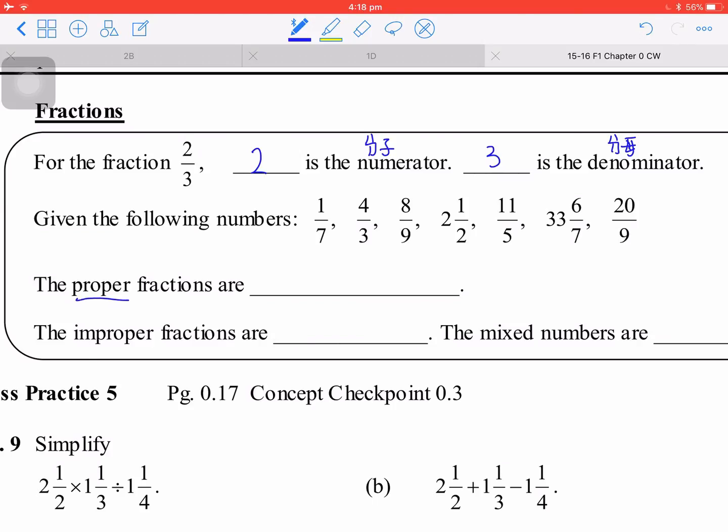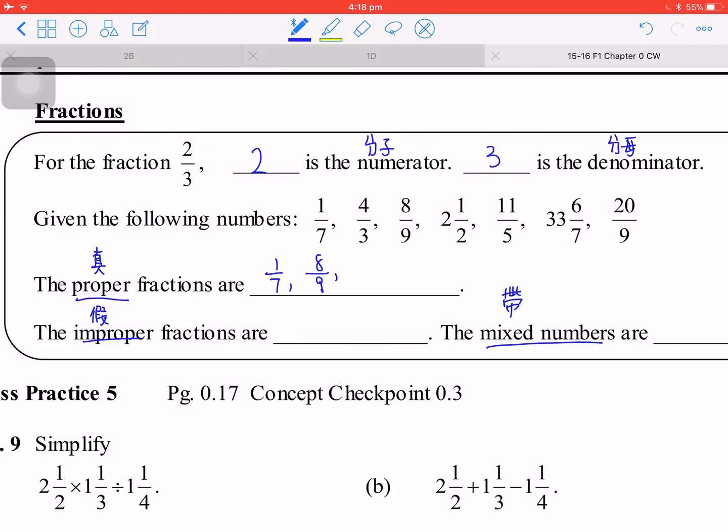For the proper fraction, that is what you have learned in Cantonese, and actually you will not consider it in true or false. Actually they are all fractions, but the mixed number is not actually what we call a fraction, but you still have the name here for the improper fraction and proper fraction. So you just fill in the blank here.